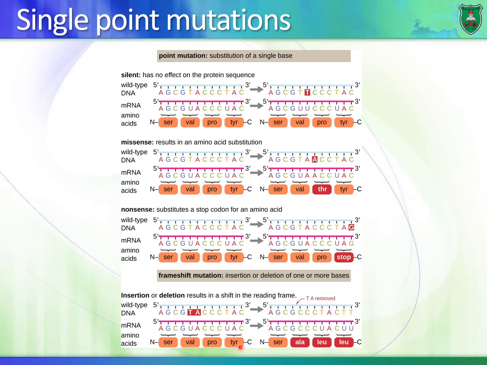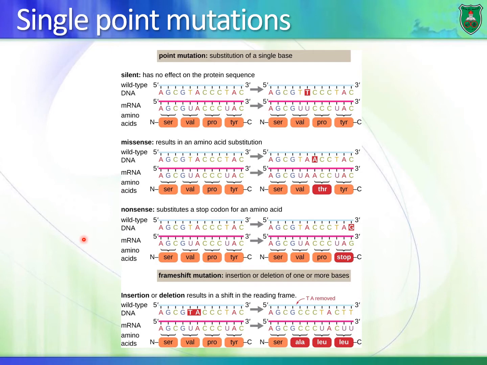If the insertion or deletion of 3 nucleotides occurs inside a codon, then that would also cause a frame shift mutation. Frame shift mutations are really significant in terms of changing the protein.